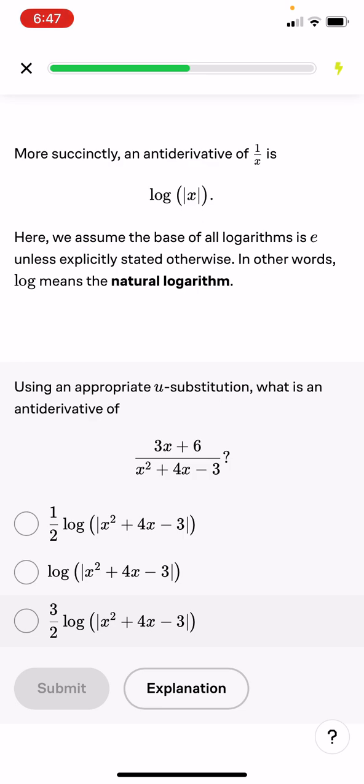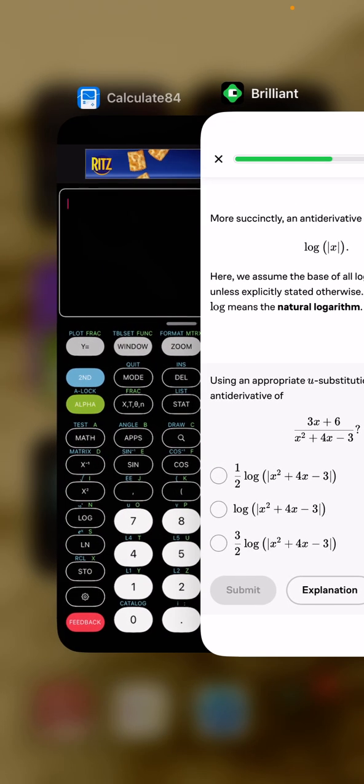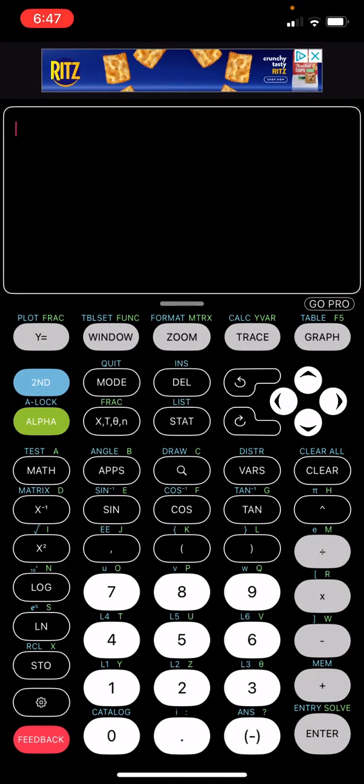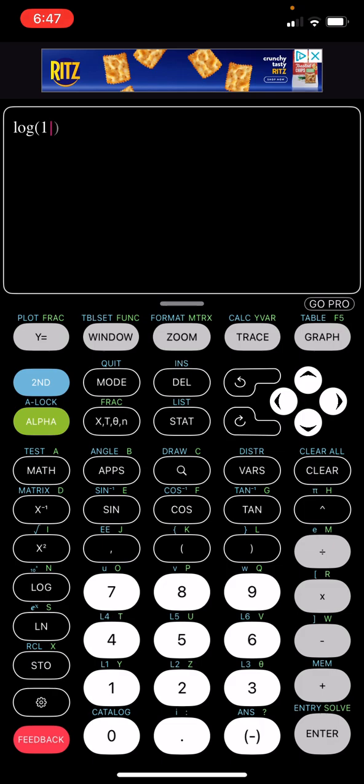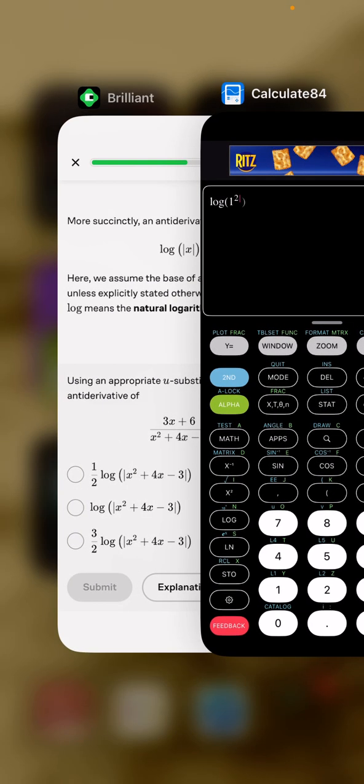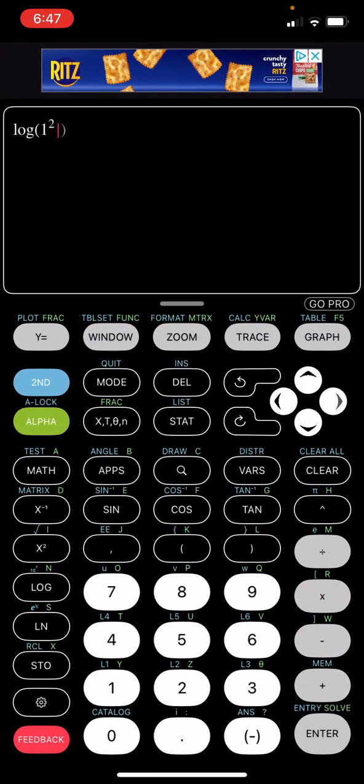It has to be 1 over 2, though. They're all pretty much the same. It's just whatever is log. Let me see what the use would be. Where is log? Okay. So just consider it 1. Log 1 to the second.